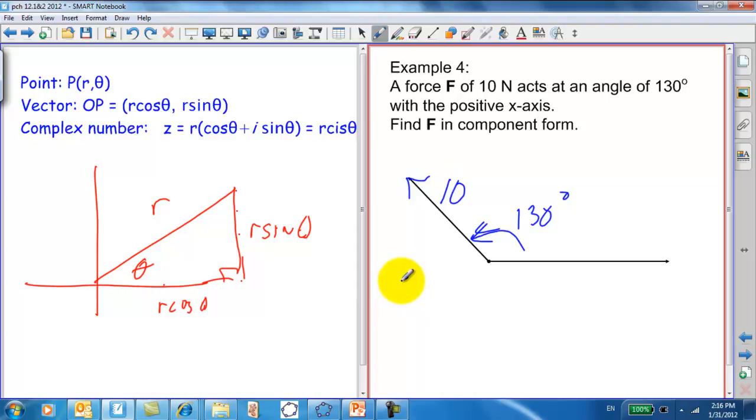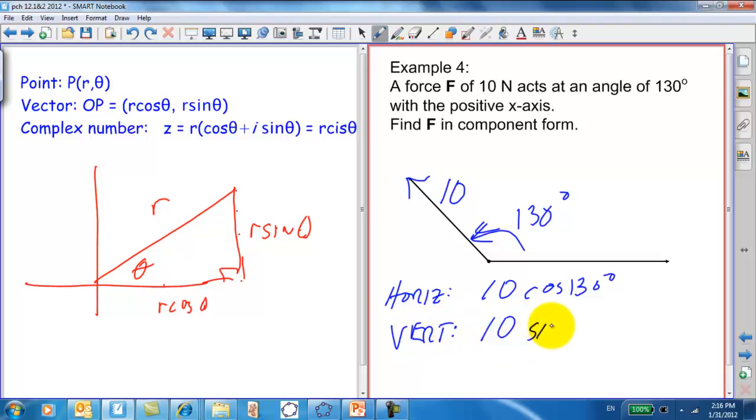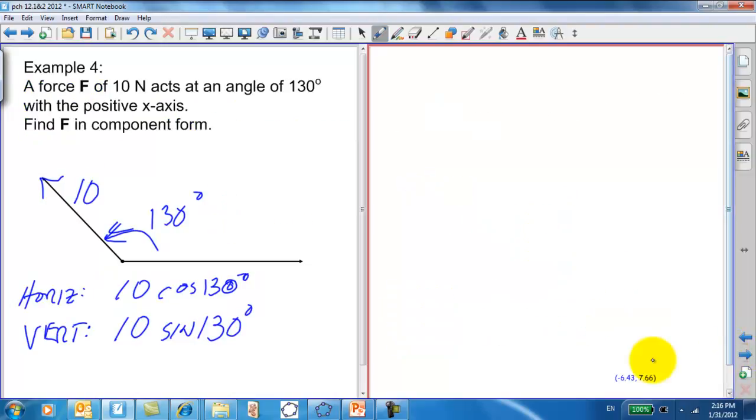So all we have to do for the components is the horizontal component will just be 10 times the cosine of 130, and the vertical component will be 10 times the sine of 130 degrees. Okay? And to calculate those out, you get negative 6.43 and 7.66.